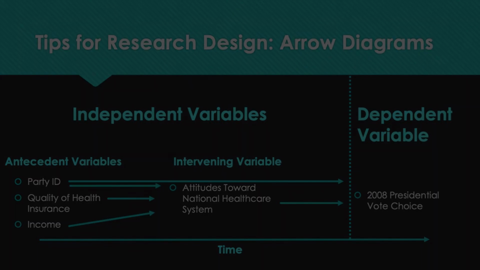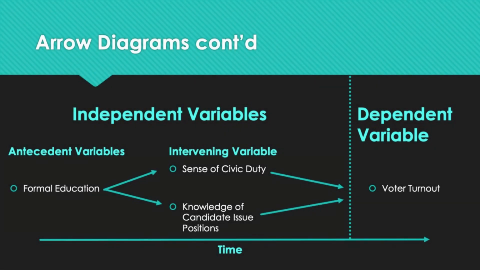Let's say we wanted to examine how years of education, civic duty, and political knowledge might explain why people vote or not. So obviously we start our education at a very young age, so that variable is definitely antecedent, and our sense of civic duty is typically a learned behavior. It's likely influenced by how many years of schooling we have, so civic duty is intervening here.